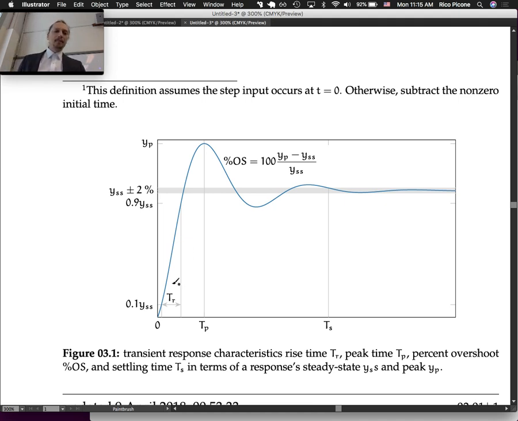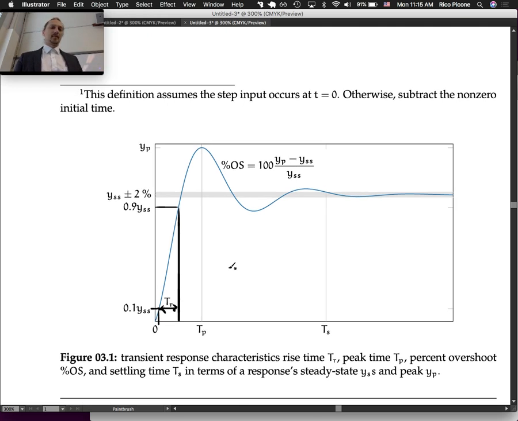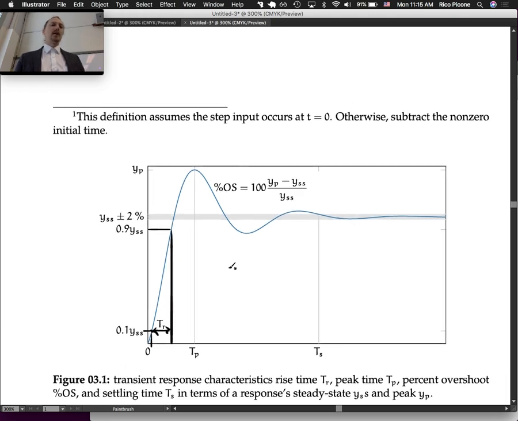The rise time is the time it takes to go from 10% of its final value, right here, to the time at which it gets to 90% of its final value. This time interval is the rise time. It indicates how much time it takes for the system to respond to a sudden change in the input.